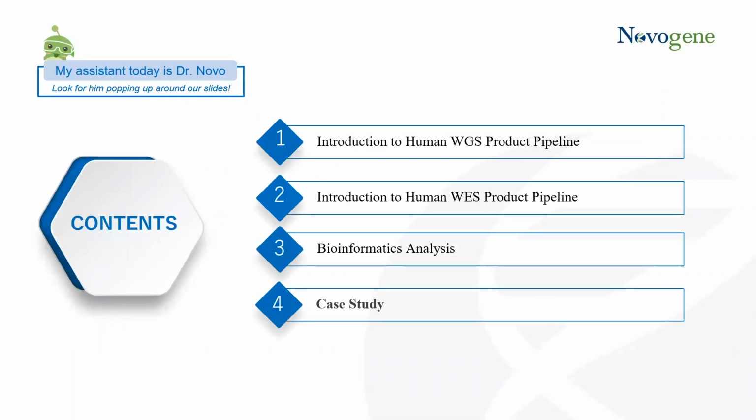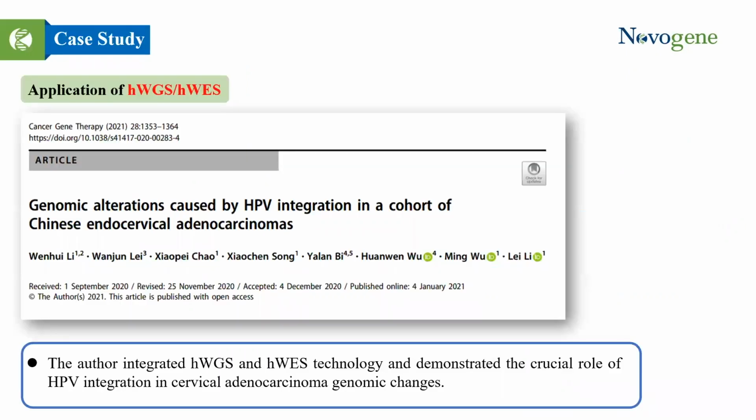So, in the case study, I'll show you how we can assist you in your research using two articles powered by Novogene as examples. This article is an application of human WGS and human WES.